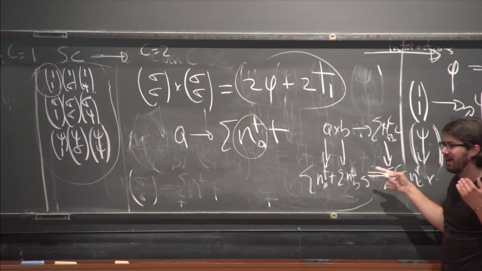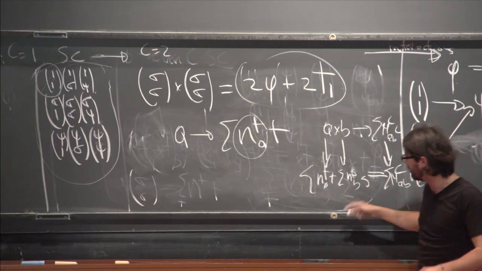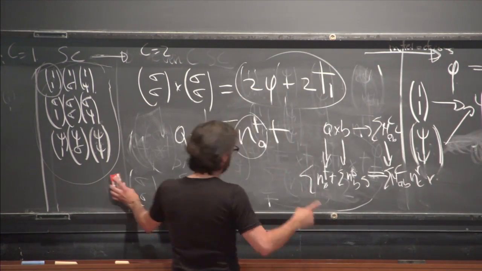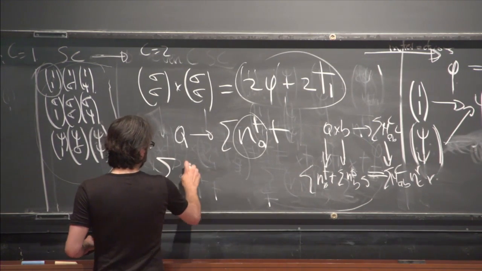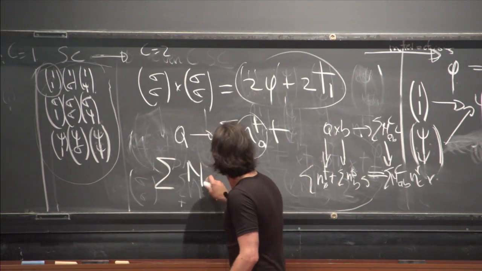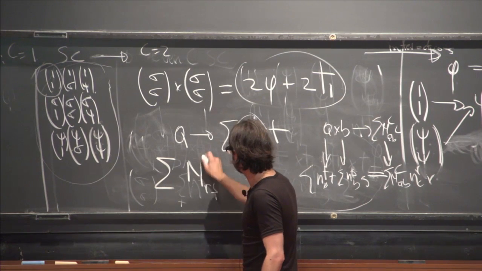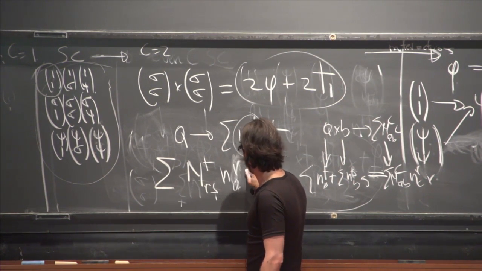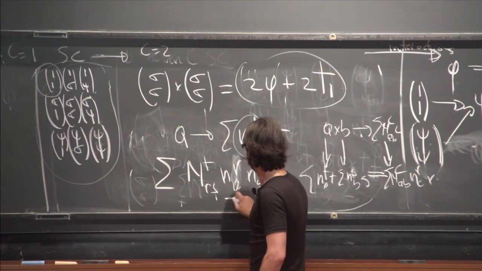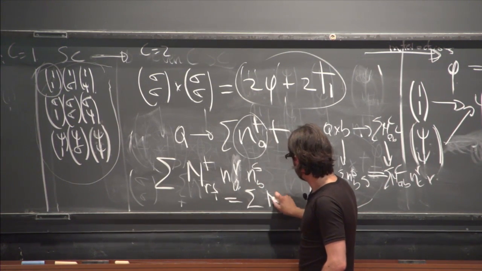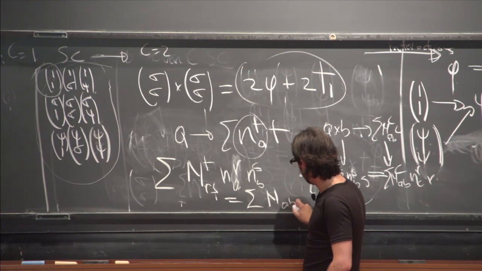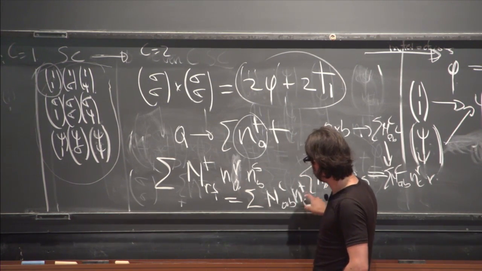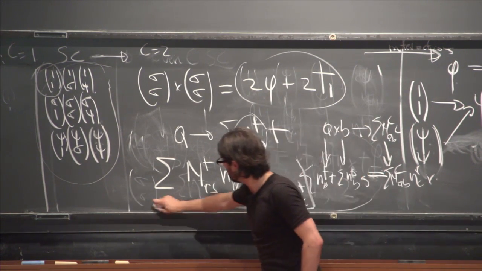This will tell you there's a constraint: the fusion coefficients of the new theory are ST, NRA, NAR, NBS, equal to the fusion coefficients of the old theory times the splitting coefficients.